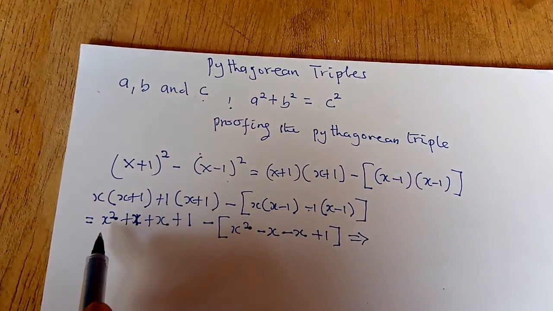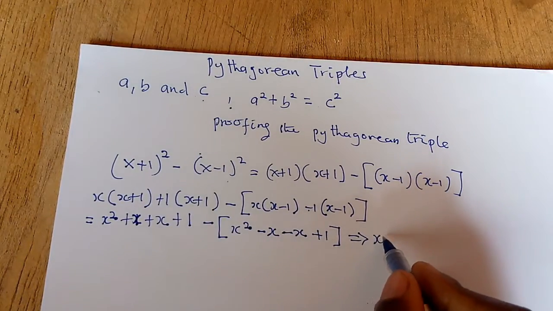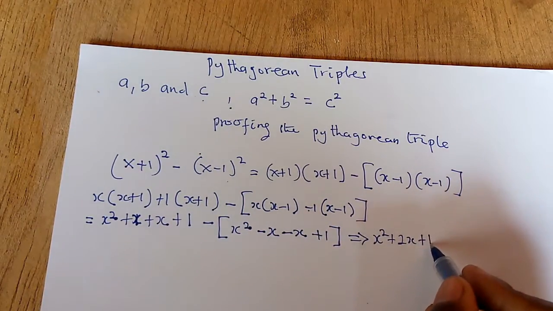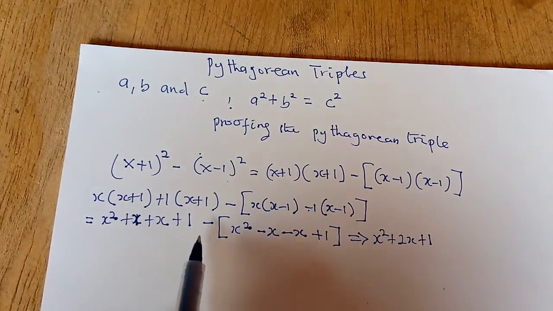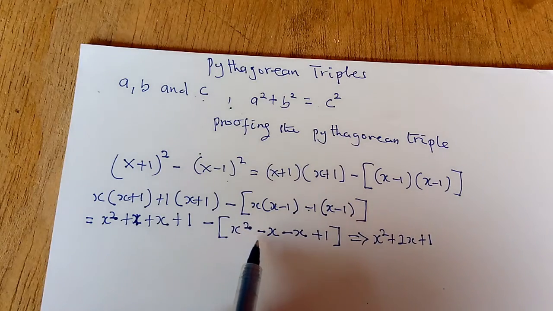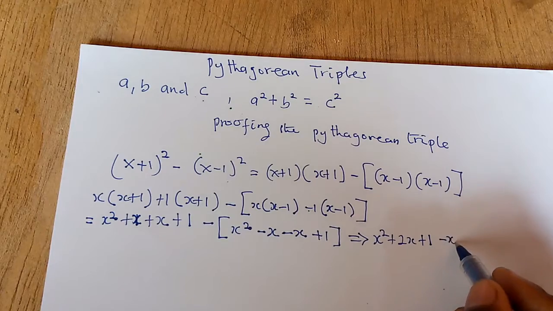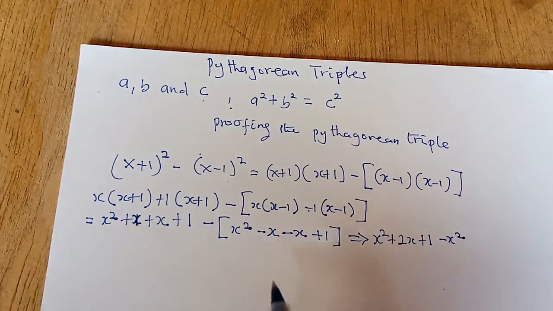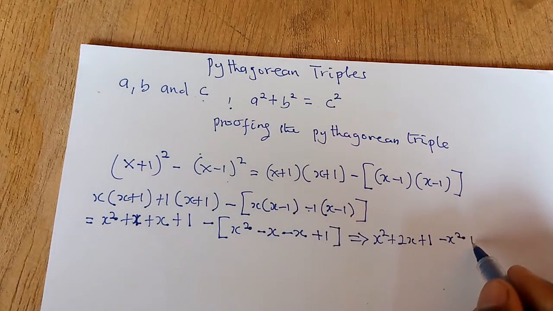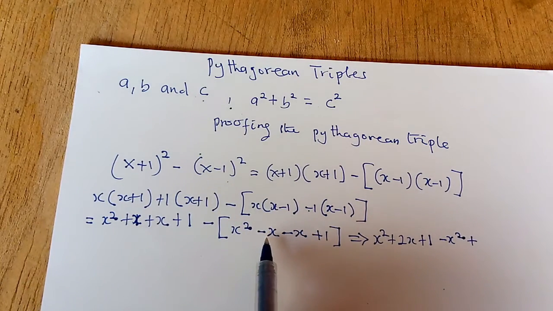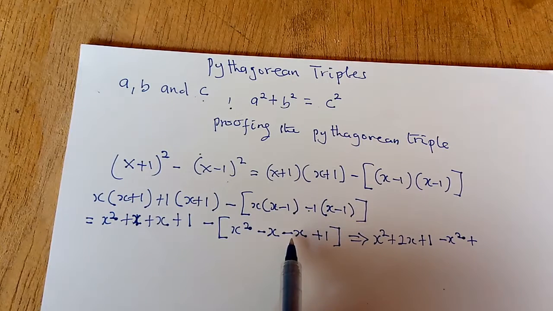Okay, x squared now plus 2x, because x plus x is 2x, plus 1. And when you multiply the negative through the bracket here, you're getting negative x squared here, and then, please add this one together, negative x, negative 2x.